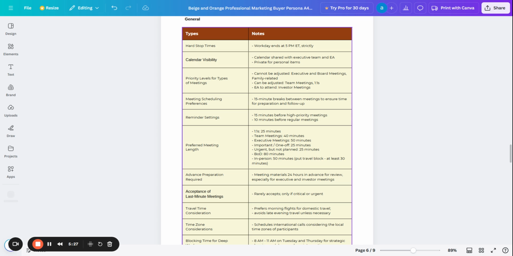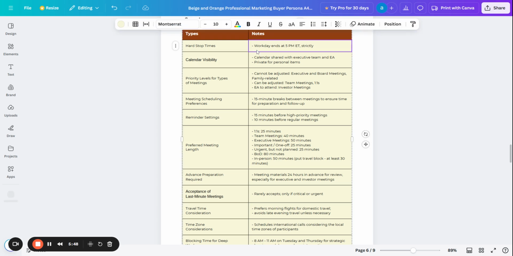Like how long the one-on-one meeting should be to put in calendar, how long I should send the reminder before the meeting starts, like hard time, for example, workday ends at 5 p.m., like that.